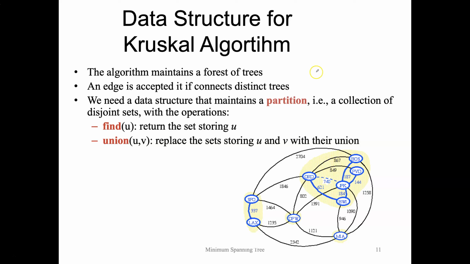So we need some kind of a data structure that maintains a partition, a collection of disjoint sets, that supports finding which cloud a vertex belongs to, so what set does this vertex U belong to, and joining two clouds together when we choose to add this edge which connects different trees. So how we can replace the set which stores U and V with the union of those two sets.